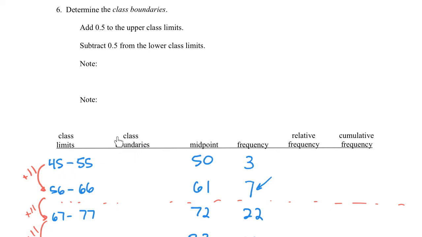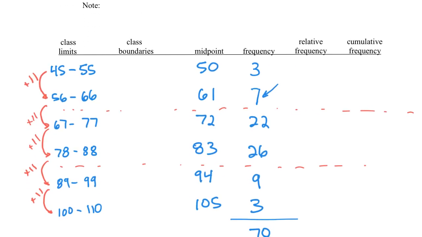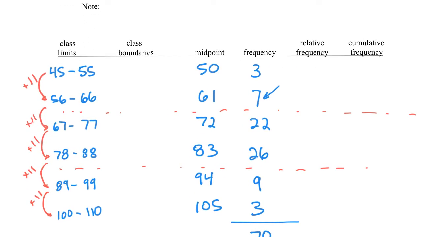Also, let me mention one more thing that comes up all the time. Notice in the class limits, 45 is in our data set, because to start here, we have the smallest number in the data set, 45. What happens all the time on a test or a quiz is students get confused here because they expect this to end at 109, but it doesn't have to end at 109. 109 is our largest data point.